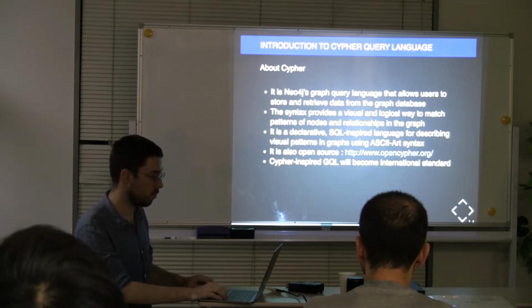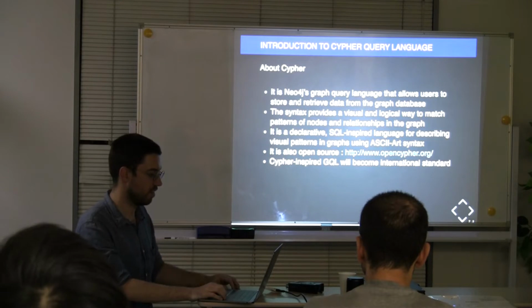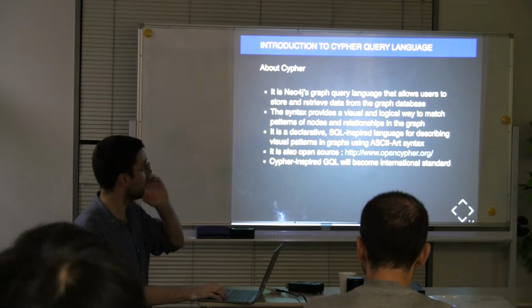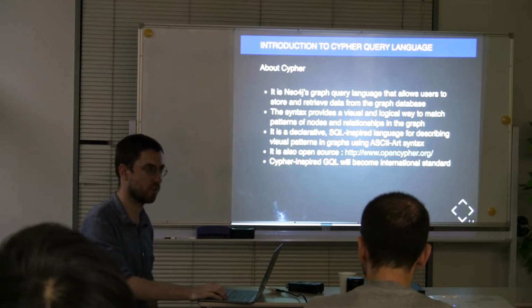So hopefully there will be some graph GQL that would be inspired by Cypher. So if you understand how to write Cypher today, then if you use GQL in the future, it won't change a lot.